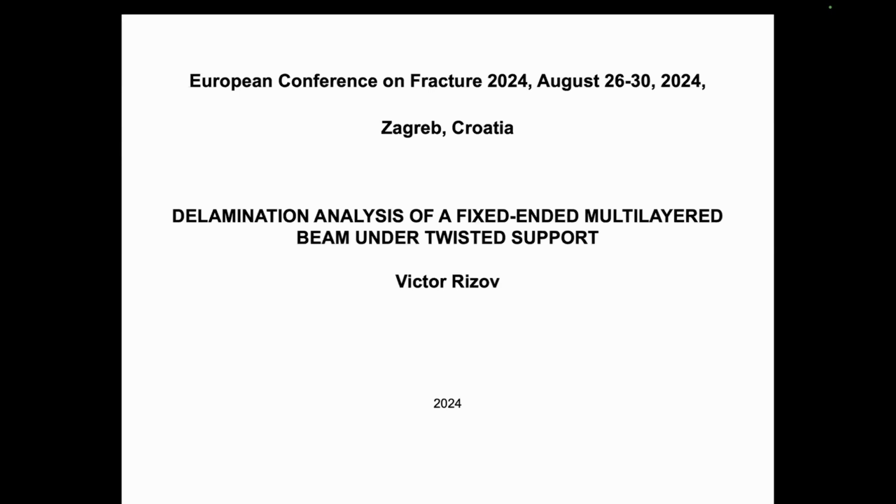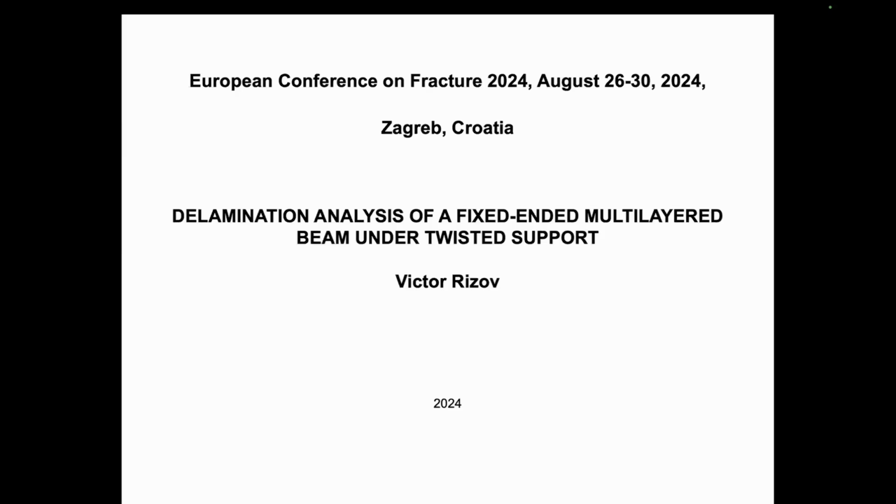One of the disadvantages of multilayered structures is the delamination. This paper studies peculiarities of the delamination behavior of a fixed-ended multilayered load-carrying beam structure under twisted support.